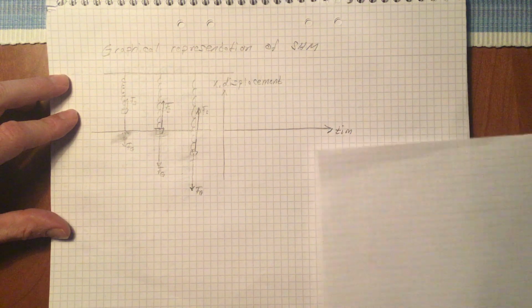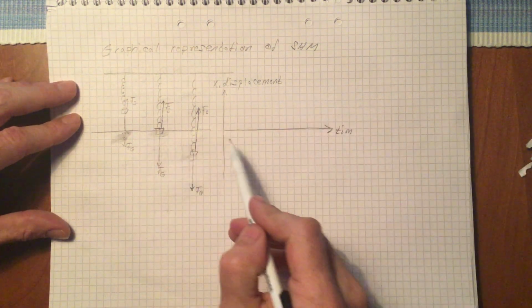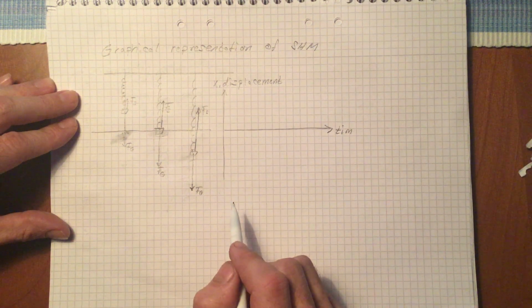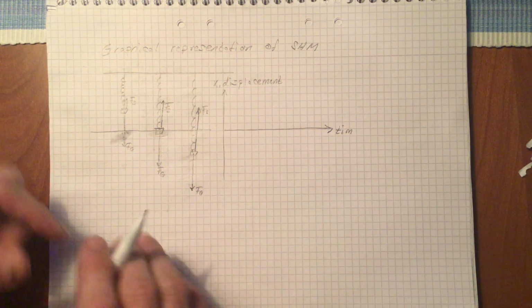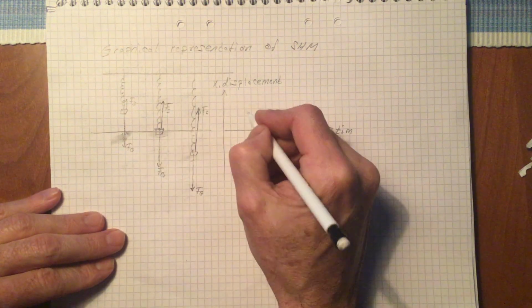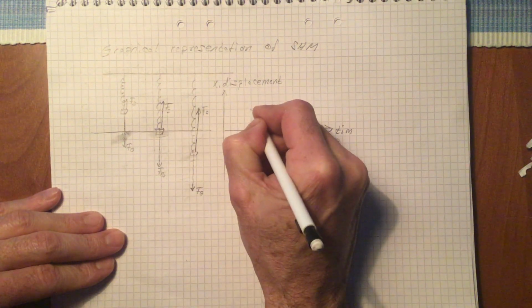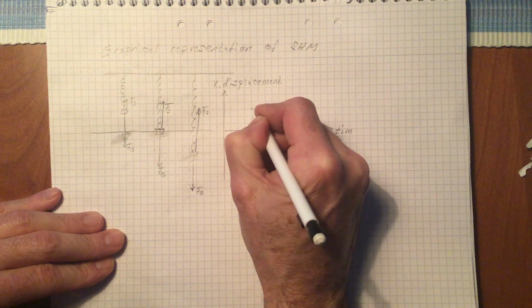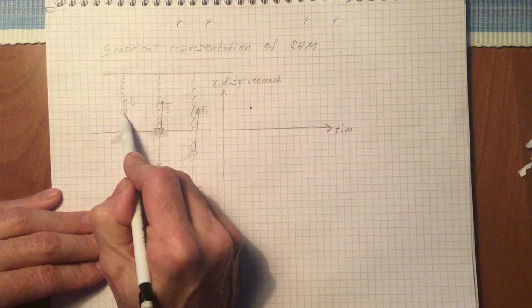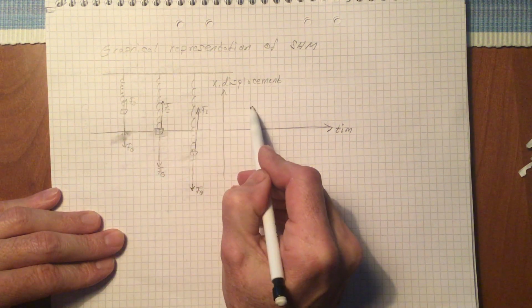So I have started drawing a diagram like this. We have the timeline and we have the displacement. If I pull it down and release it, it starts to go up, and in some situation it is here. So this coordinate represents these points here, the same height.